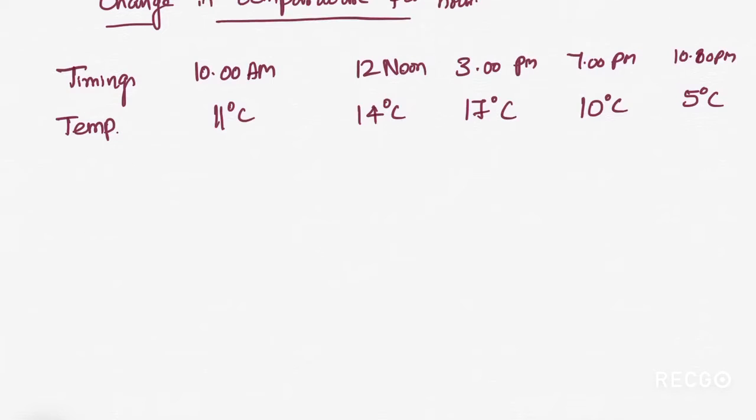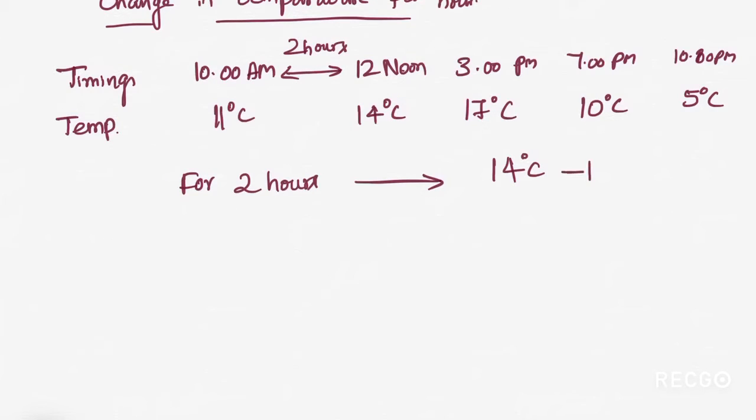The question is change in temperature per hour. Here, how many hours have elapsed? 2 hours. For 2 hours, the change in temperature is 14 degrees centigrade to 11 degrees centigrade.